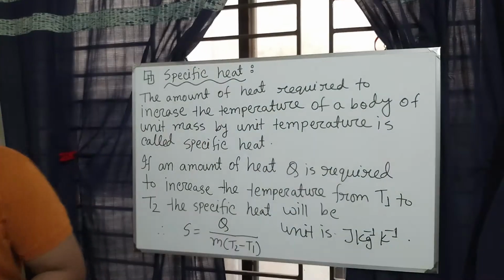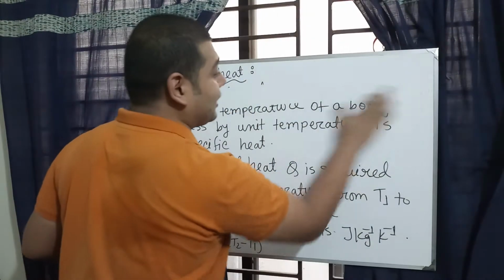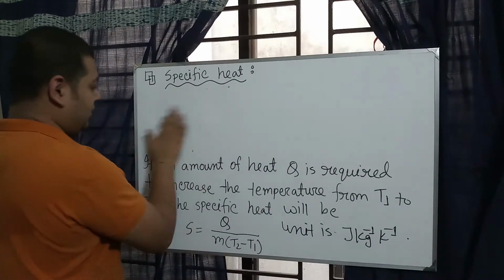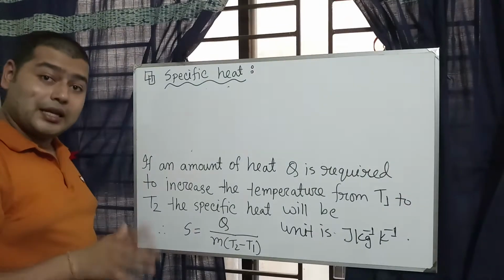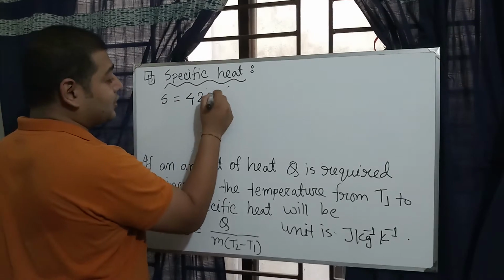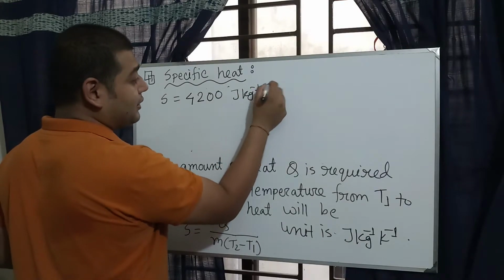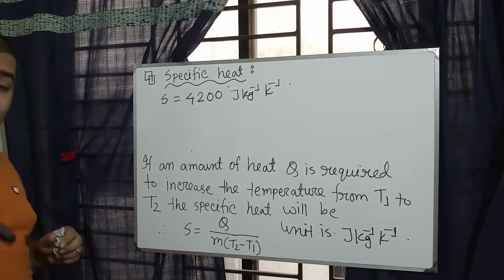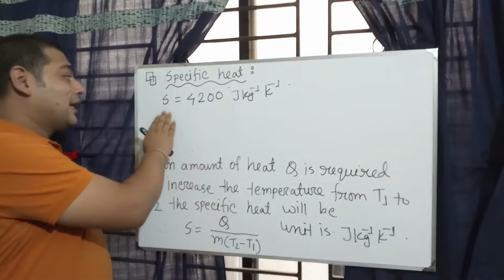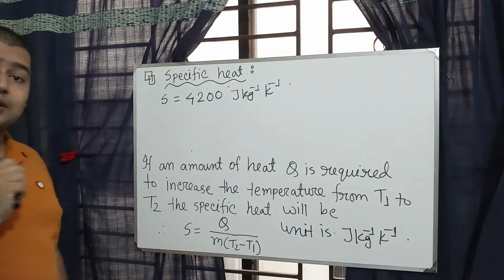For example, we know that the specific heat of water is S equal to 4200 joule per kg per Kelvin.